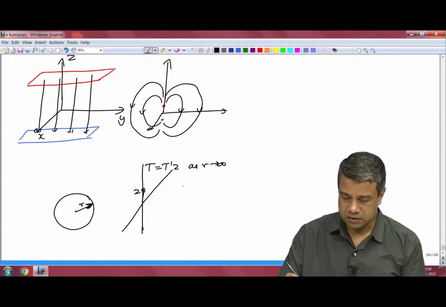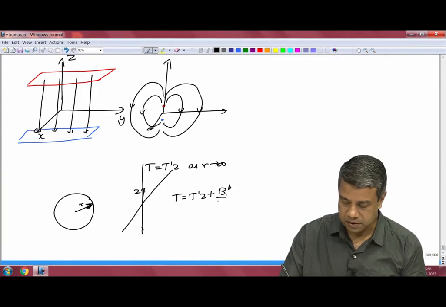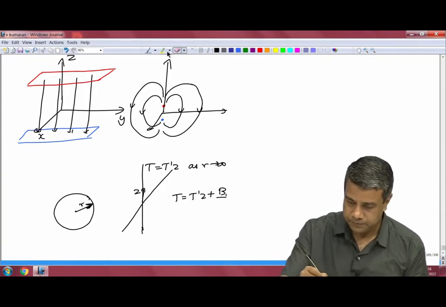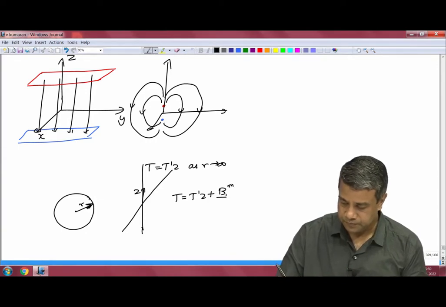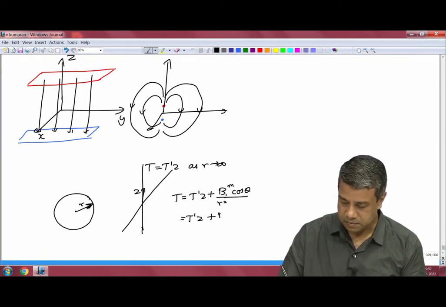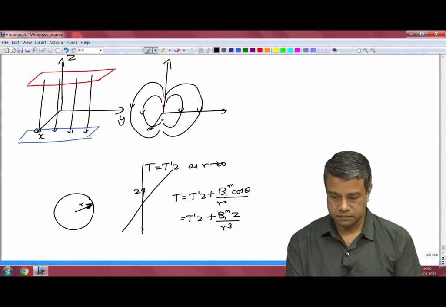And I had got the solution as T equal to T prime z plus B1 particle by B1 matrix by r square times cos theta, which is equal to T prime z plus B1 matrix z by r cubed.